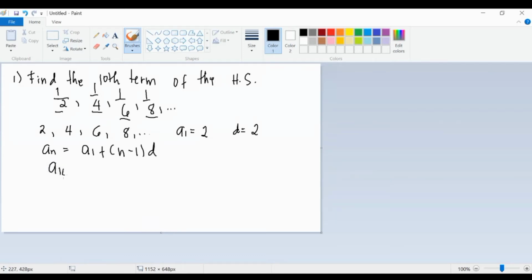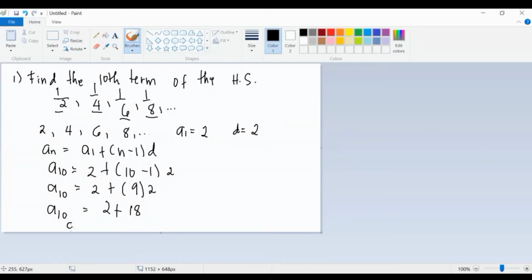So a sub 10 equals a sub 1 which is 2 plus the quantity 10 minus 1 times d which is 2. So we have 2 plus 9 times 2. And then a sub 10 equals 2 plus 18. So therefore, our a sub 10 is 20.